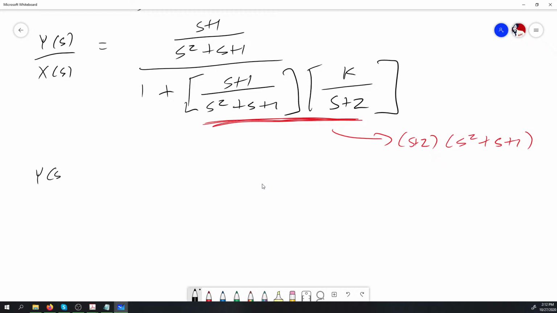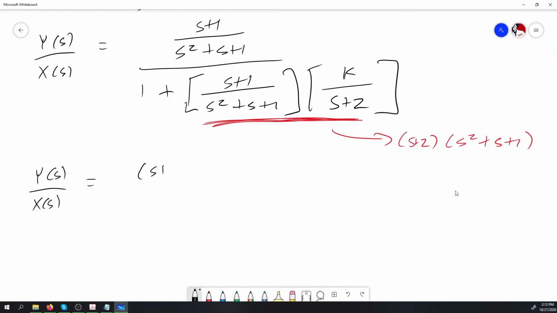So y of s divided by x of s is going to be, when we multiply our numerator by this combined factor, the s squared plus s plus 1 here will just cancel, but we'll have s plus 1 multiplied by s plus 2 on the numerator.